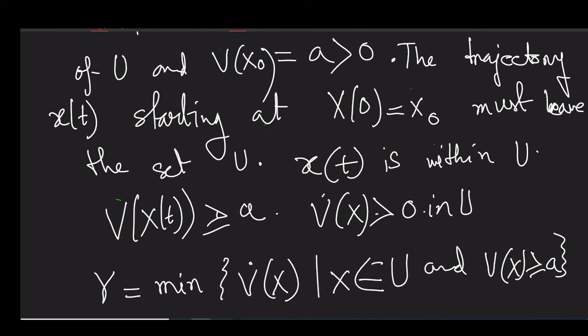So the minimum of such V dot x will be picked up and that will be gamma.